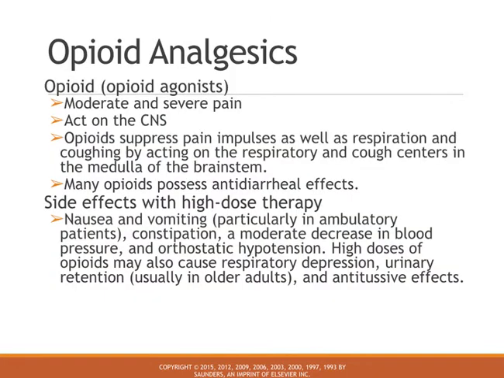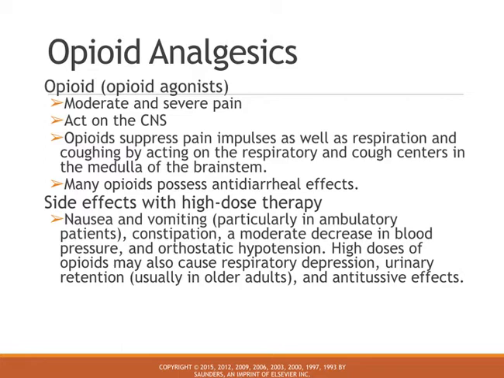So now let's switch gears over to opioid analgesics. These are indicated for moderate to severe pain. They act mostly on the central nervous system. They not only suppress pain impulses, but they also suppress respiration and coughing because they work on the respiratory and cough centers of the brainstem.